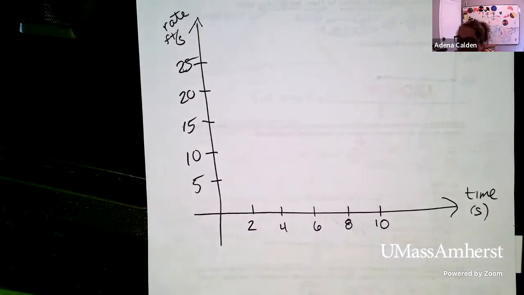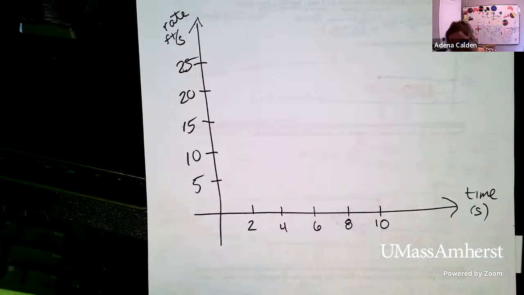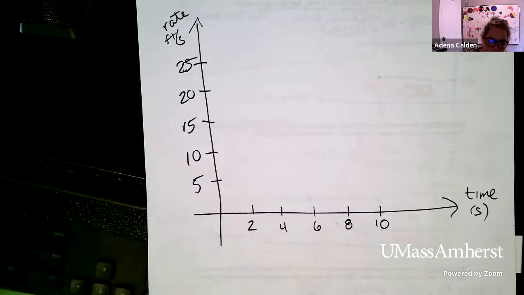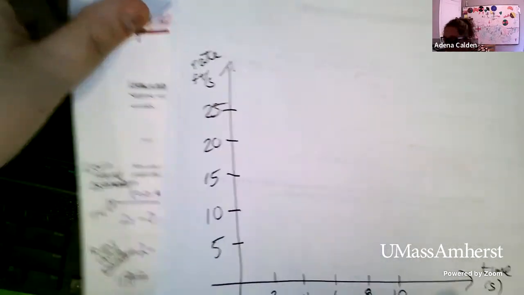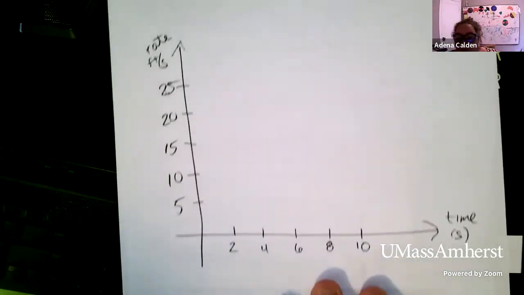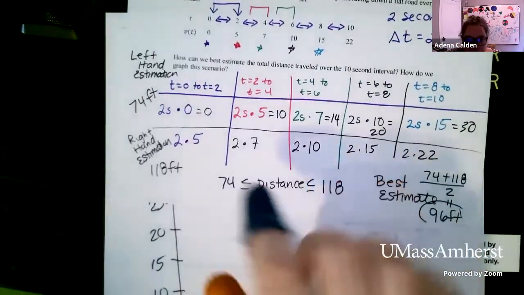Okay, so when we graph this, there's two different graphs that we're going to superimpose here. We're going to look at the left-hand approximation and the right-hand approximation, because there are two ways to approximate the same information, and those are the two ways we've been looking at. Okay, so let's start by looking at the left-hand approximation.